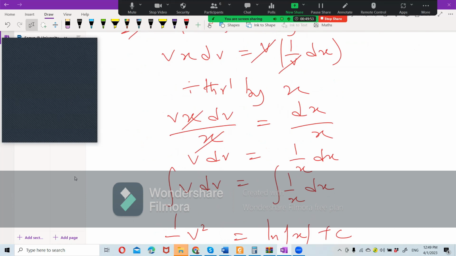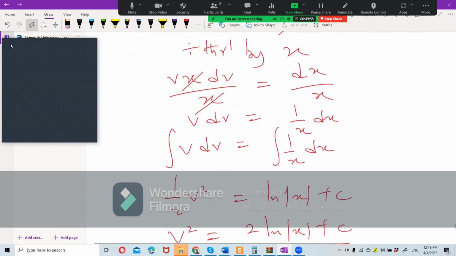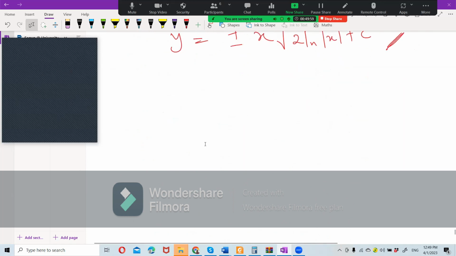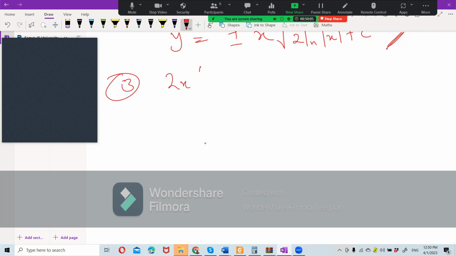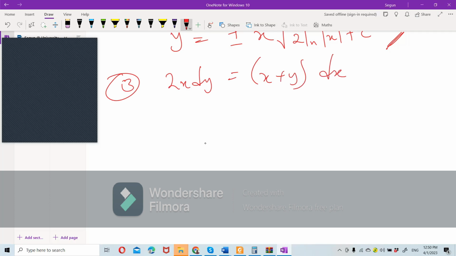Okay, let's look at another question. Number 3: 2x dy equals x plus y dx. We have to solve it, get the homogeneous out.